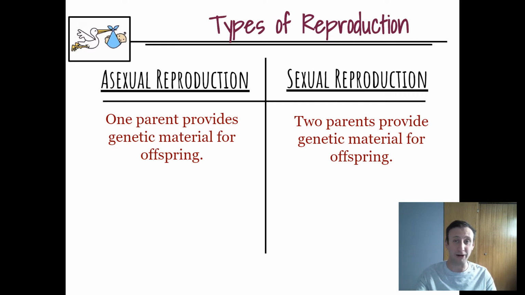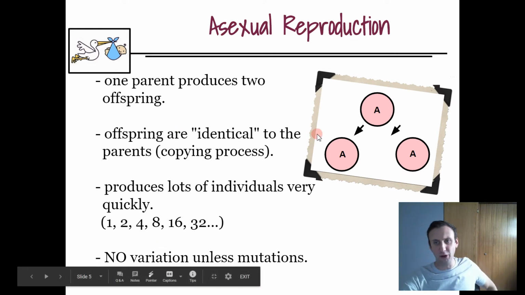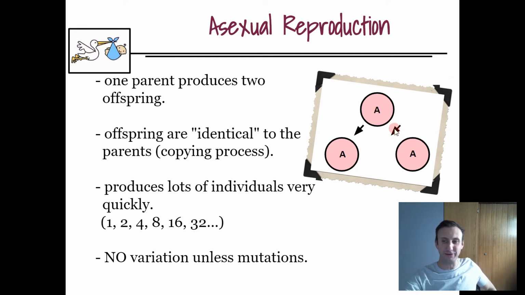That's what we call a parent: 2 things that end up having offspring, or 1 thing that has offspring for asexual. So, asexual reproduction. In asexual, the basics are we have 1 parent that produces 2 offspring. And this arrow is all screwed up. But basically, A produces 2 more A's, with this arrow going more in the right direction between the A's.